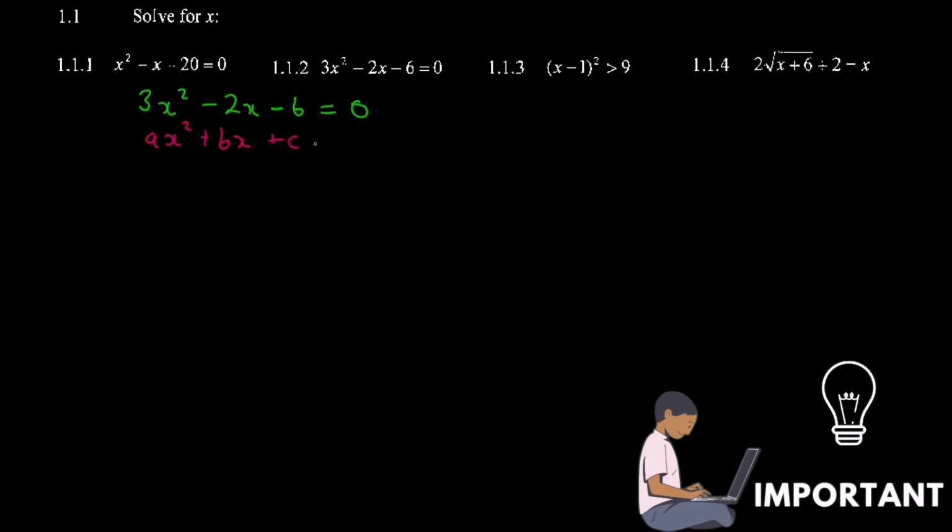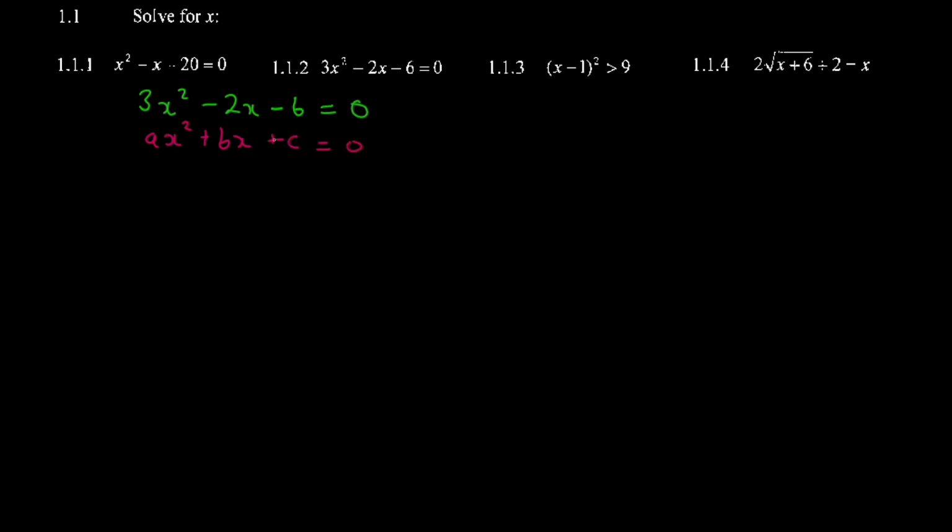The reason this is important is that we want to know the values of a, b, and c, because they are the numbers that define the quadratic formula. If you know the value of a, then you can go ahead and substitute.